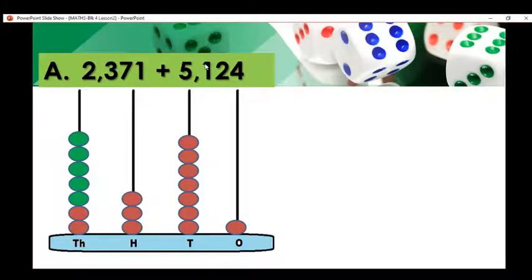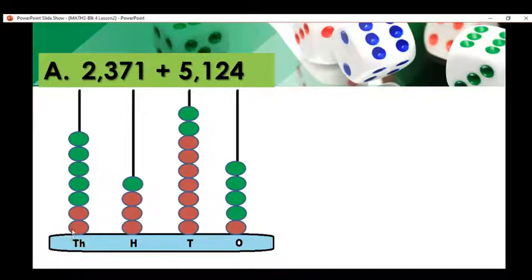How about hundreds? That's only 1, so just put 1 circle. How about our tens? That is 2, 1, 2. And our ones would be 4: 1, 2, 3, 4.